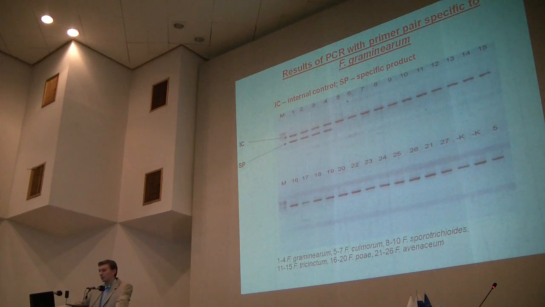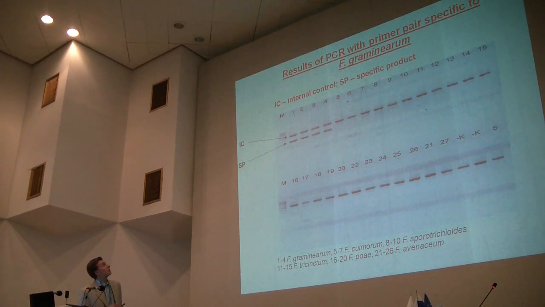Here you can see the results of PCR with a primer pair specific to Fusarium graminearum, by electrophoretic analysis. We used 7 species of Fusarium: Fusarium graminearum, Fusarium pseudograminearum. It's important to distinguish these 2 species because they are closely related. Also Fusarium proliferatum, Fusarium avenaceum, and others.